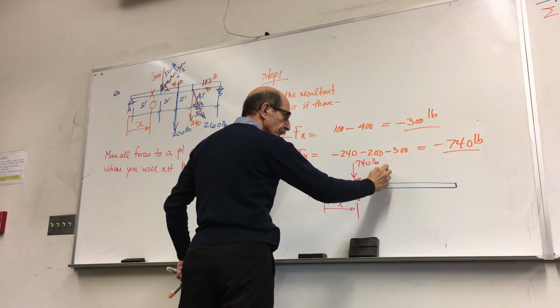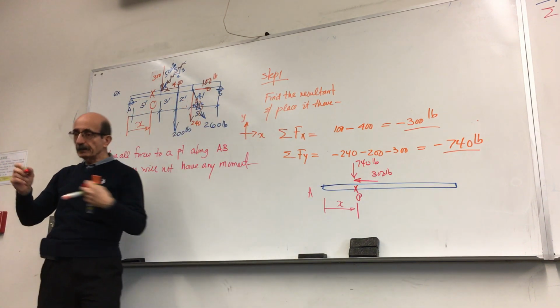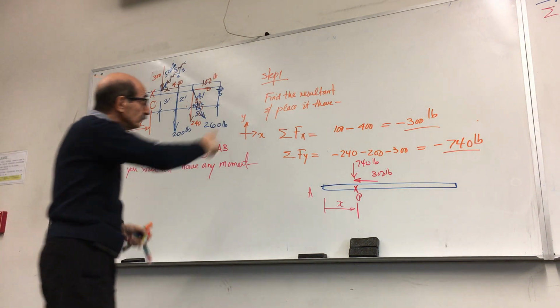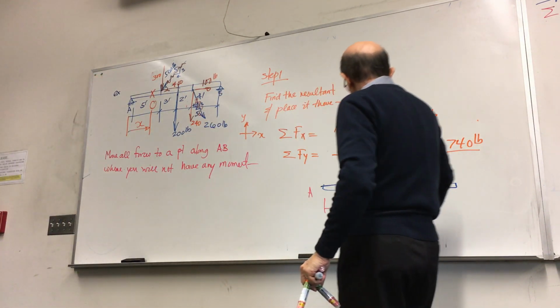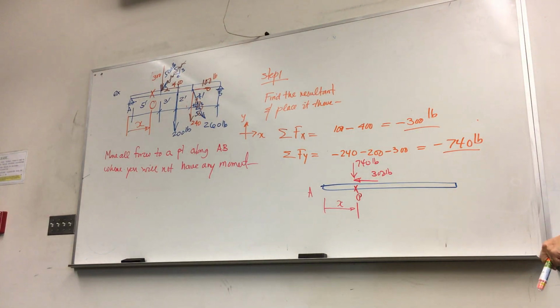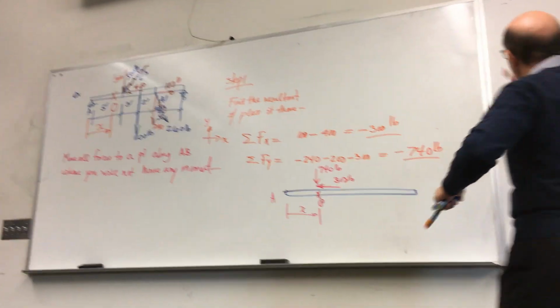But remember, we know that the action of moving these forces to that point results in moments that we have to add up and put there. But in this case, we know that when we add up these moments, their summation would end up to be 0. Nevertheless, we follow the same procedure, right? So step 2.